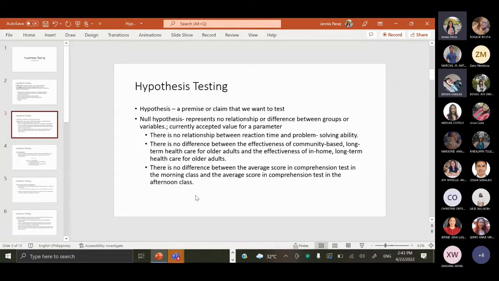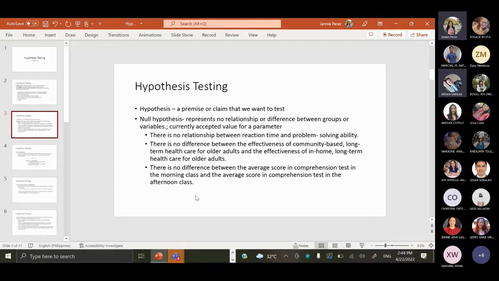Just like in the courthouse, right? In the courthouse, we initially believe that the accused is not guilty unless otherwise proven to be guilty.